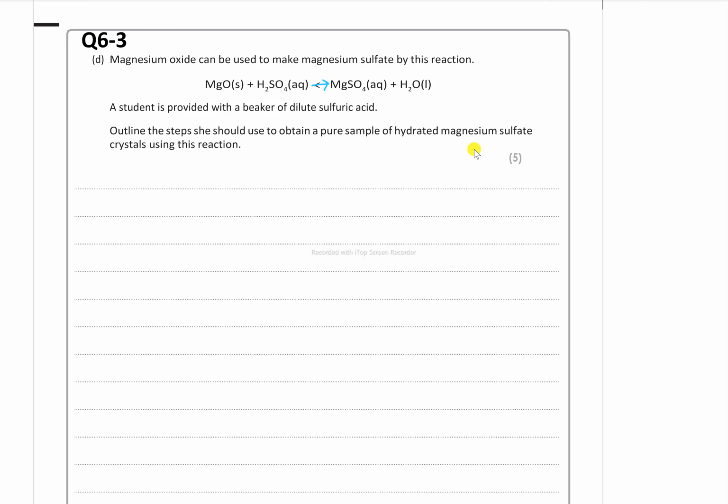So what you do is mix the magnesium oxide with sulfuric acid.